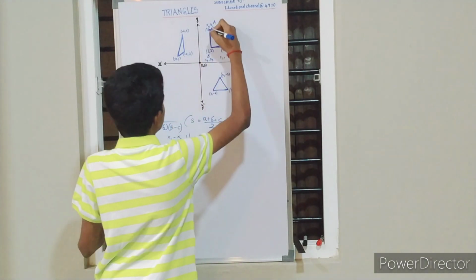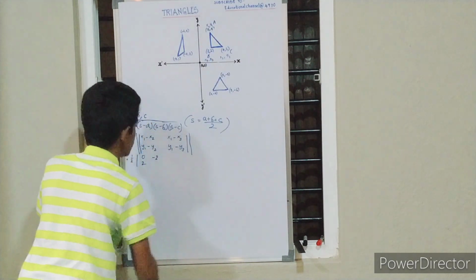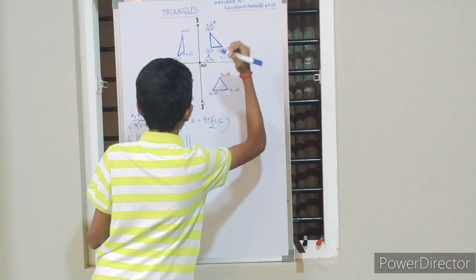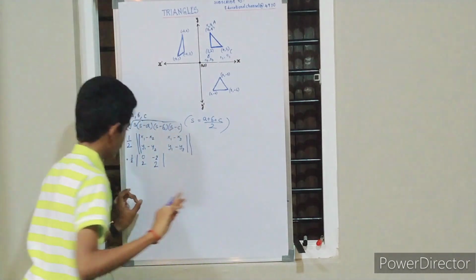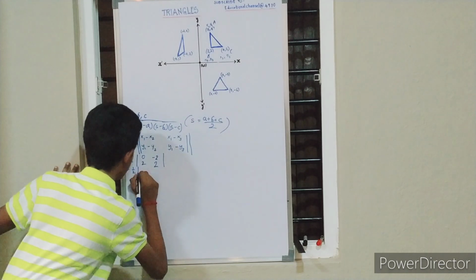Now, x1 minus x3. 2 minus 4, which is minus 2. And y1 minus y3. 4 minus 2, which is 2. That's it. Now we are going to carry over the same half here.